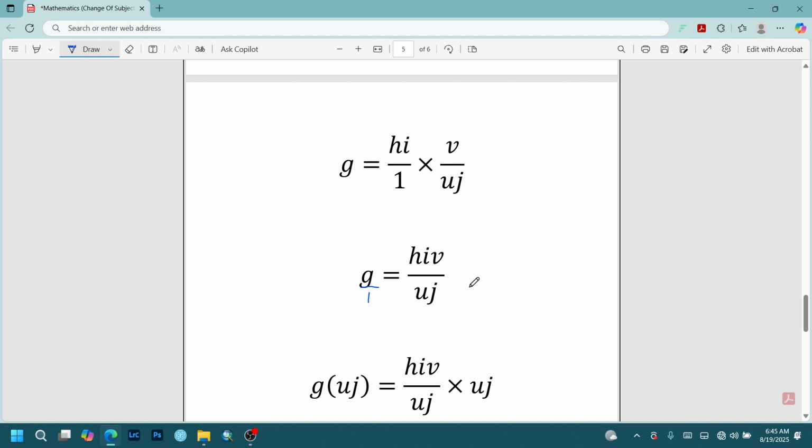So the first method is cross multiplication. The denominator on your right will cross multiply the numerator on your left, and the denominator on your left will cross multiply the numerator on your right.